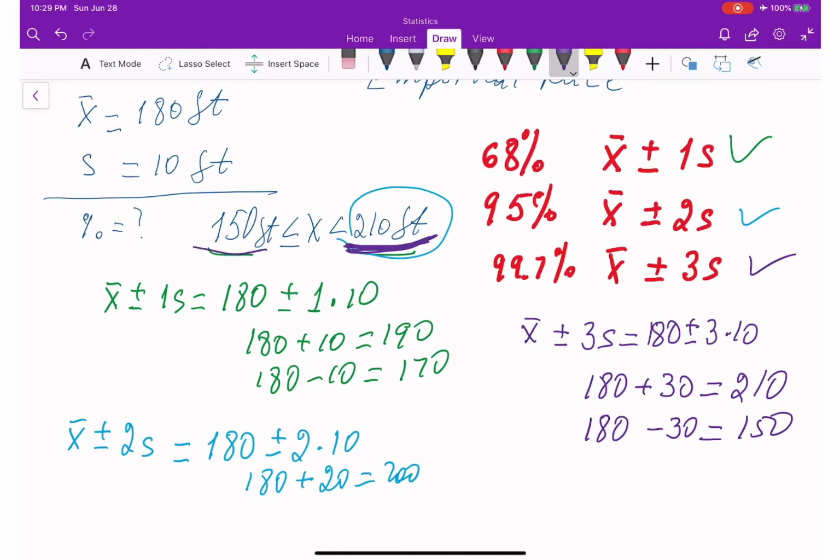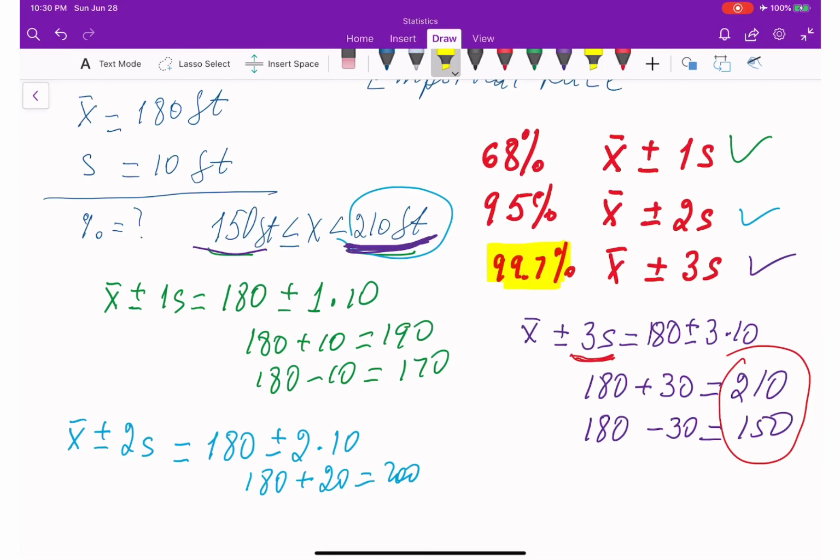Bingo. So 3S is bringing us to the range we are interested, 150 and 210 feet. So from here, the X bar plus minus 3S is 99.7%.